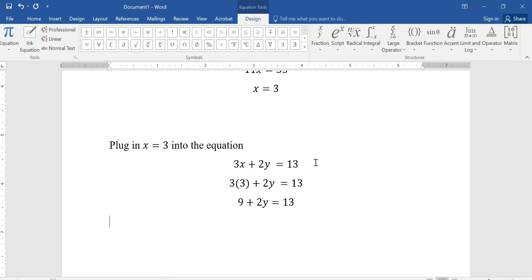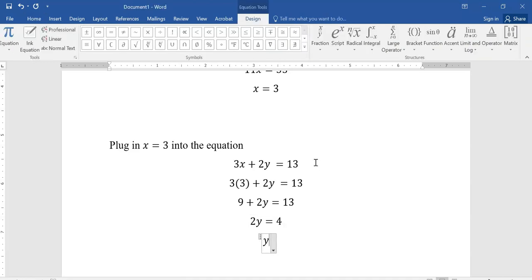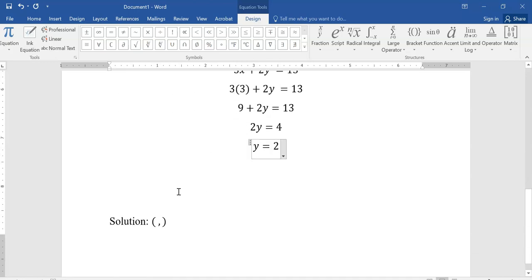Subtract 9 from both sides, you end up with 2y equals 4. Divide by 2 on both sides, you get y is equal to 2. So therefore, we know that x has to be 3, y has to be 2. So the point that these two lines have in common is the point 3, 2.